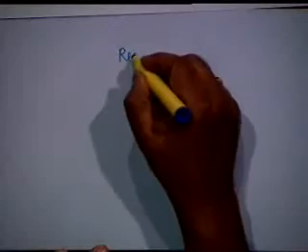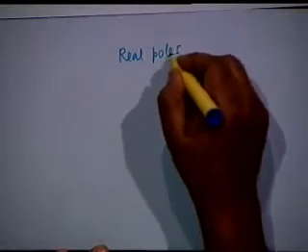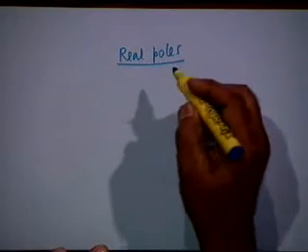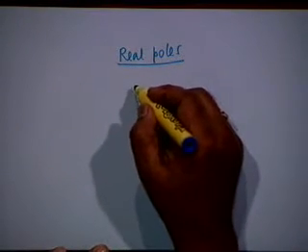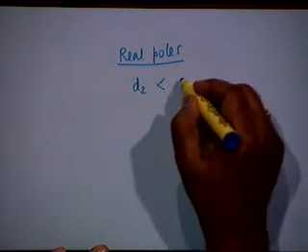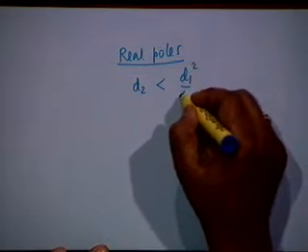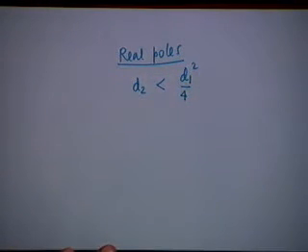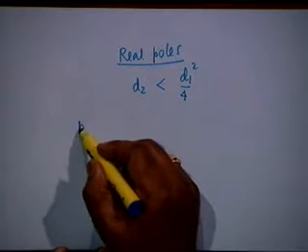If the poles are real, this means that d2 should be less than d1 square by 4. Agreed? And where are the poles?